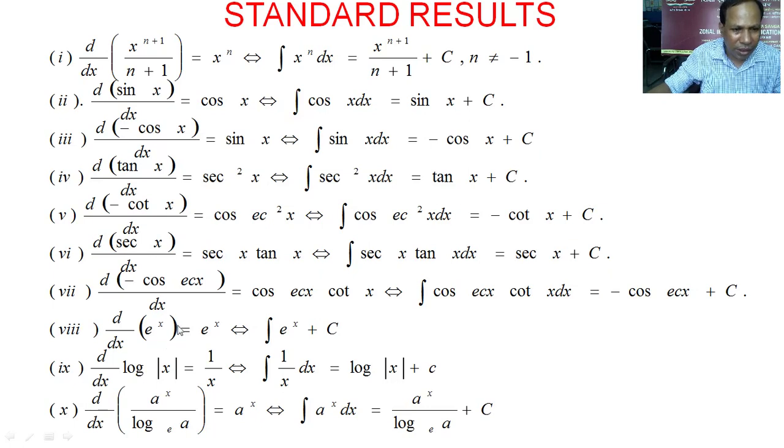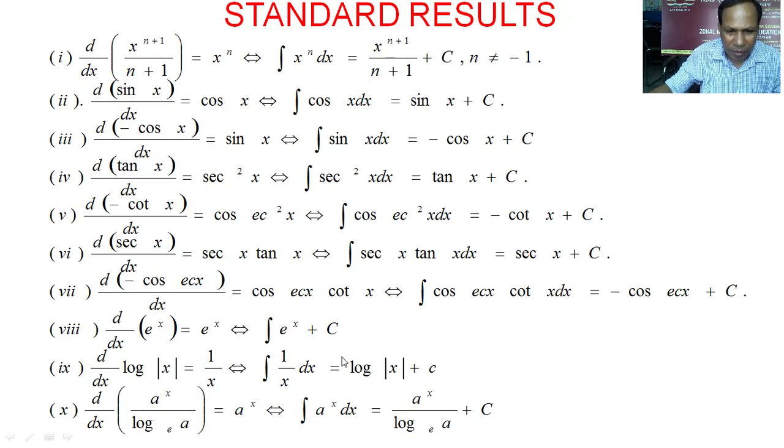Similarly, the exponential function, which is otherwise known as the invariant function, has its differential result and integral result remaining the same. That means the integral of e to the power x is e to the power x plus constant. Whenever we differentiate log x, we get 1 by x, so integration of 1 by x dx is log x plus constant.